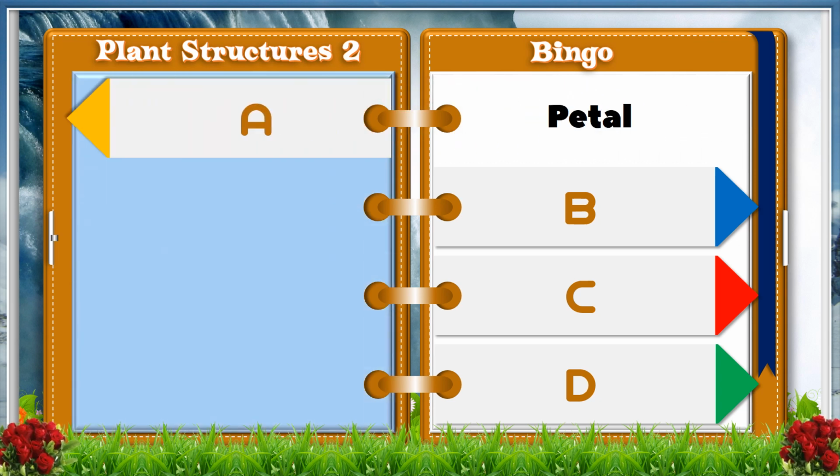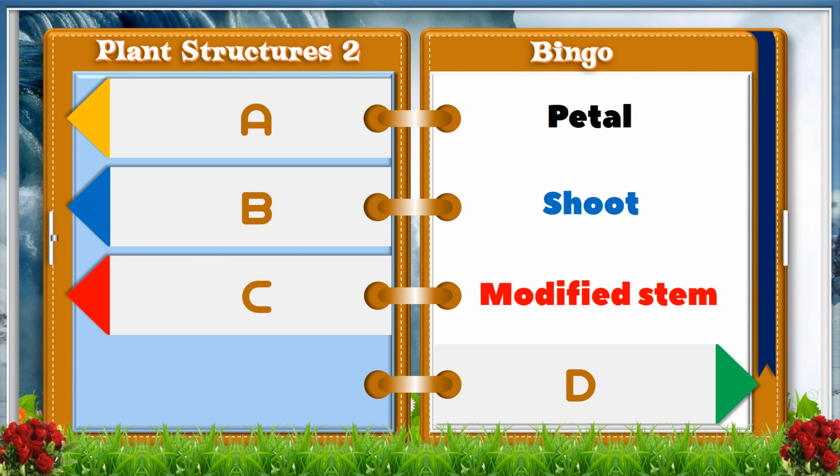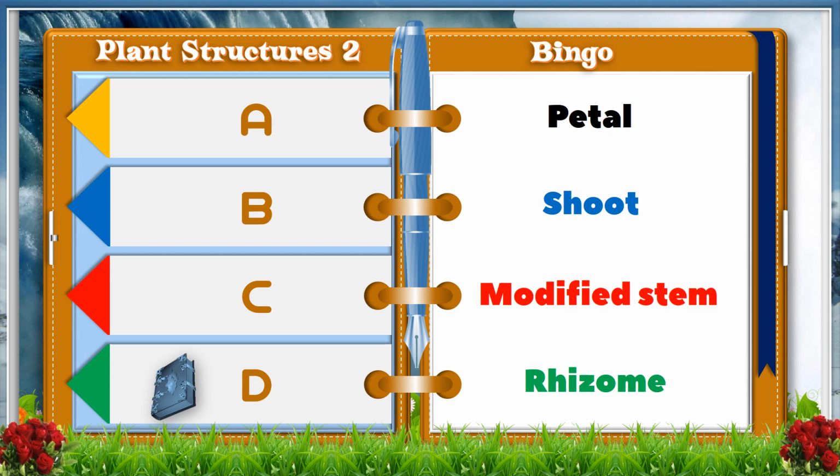A. Petal. B. Shoot. C. Modified stem. D. Rhizome. And the answer is D, rhizome.